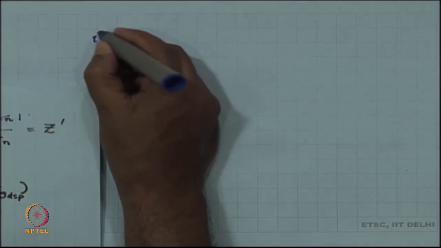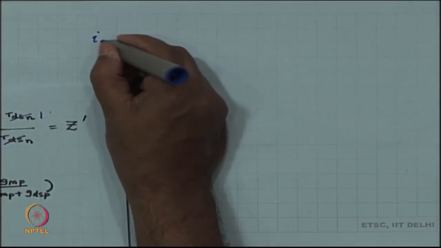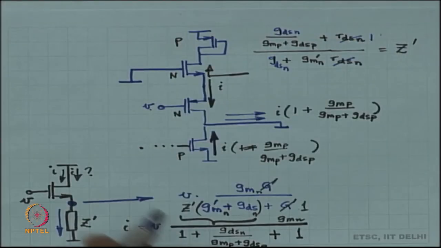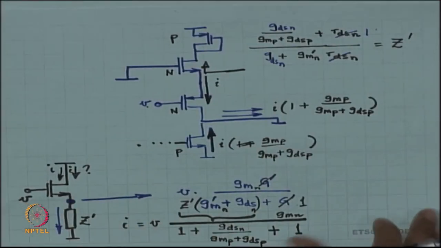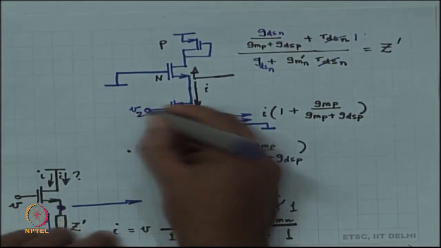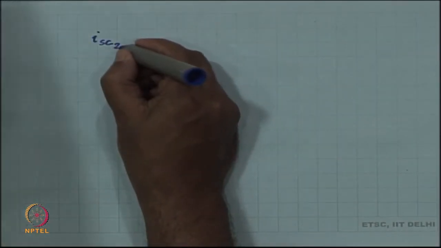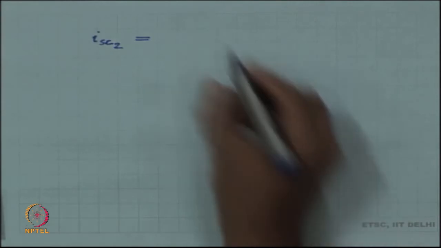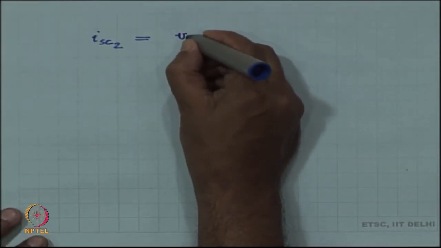So, my I short circuit, when I have applied V1 or V2, which one did I apply? I have applied V2. So, I have applied V2 and I got a current I in this case.